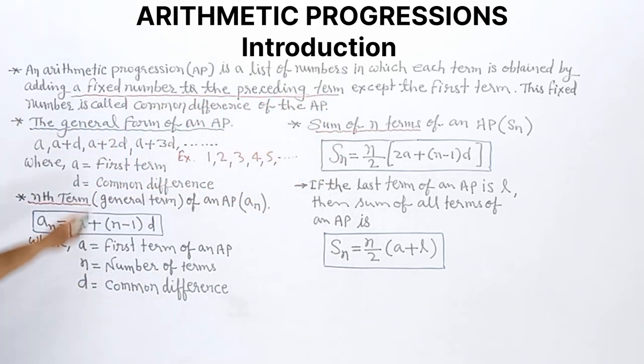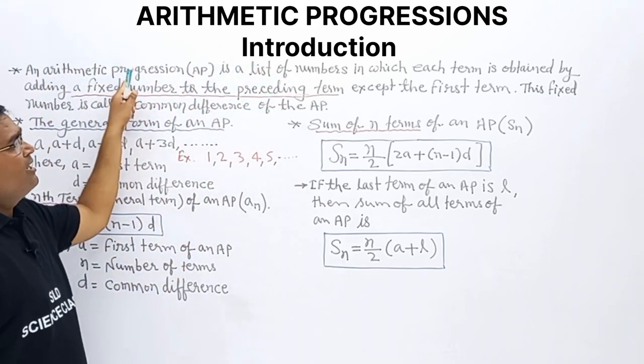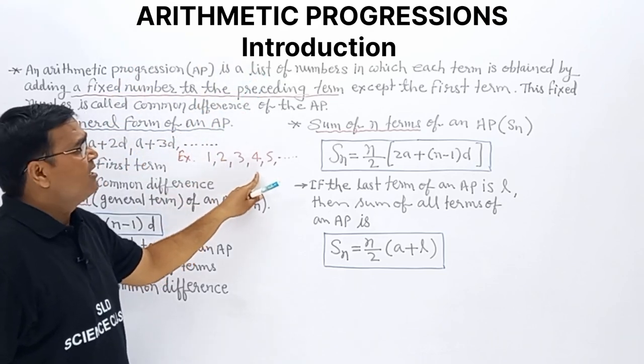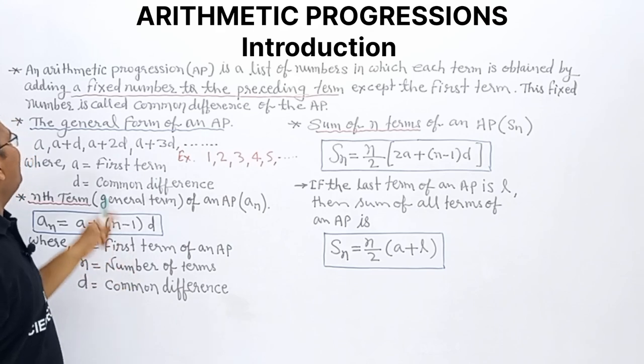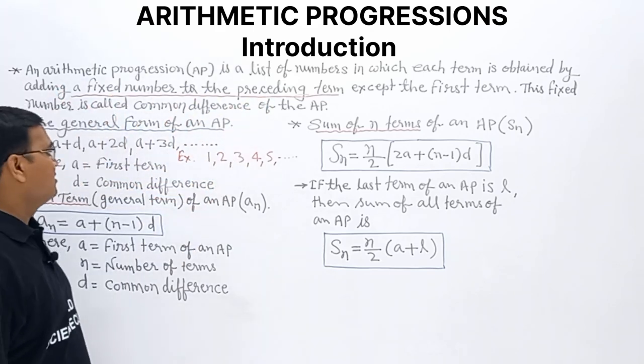An AP is a list of numbers, or we can say a sequence like this, and it is obtained by adding a fixed number to the preceding number.